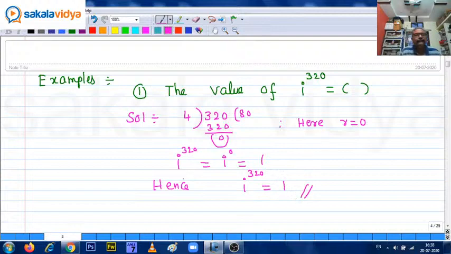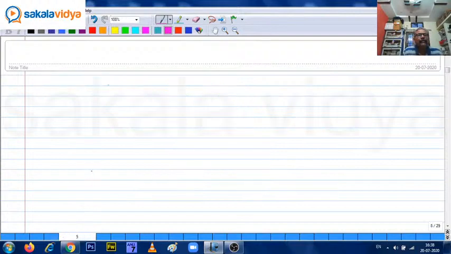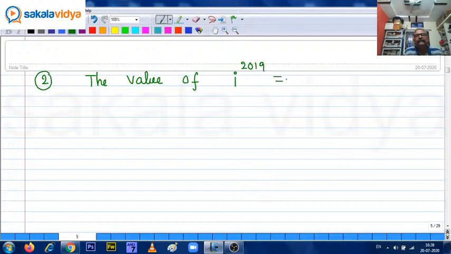Okay, now I give one more example. Second example. The value of I to the power of 2019. Anybody, what is the value of, just practice it.